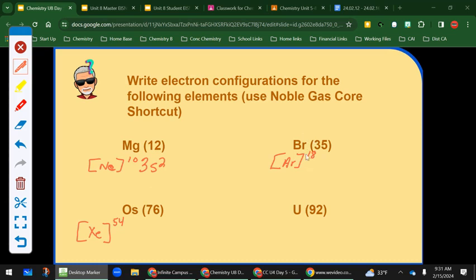All right, finish off bromine here, Faith. So we got argon 18. Go ahead from there. They're 1 behind. So in the fourth energy level, the D's are which D's? 3D10.